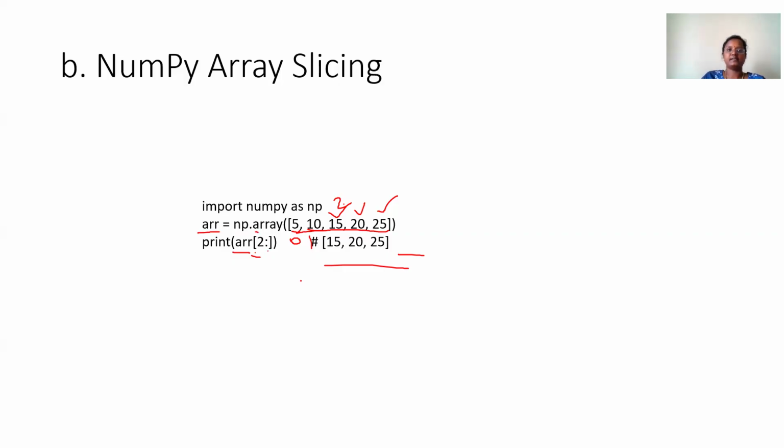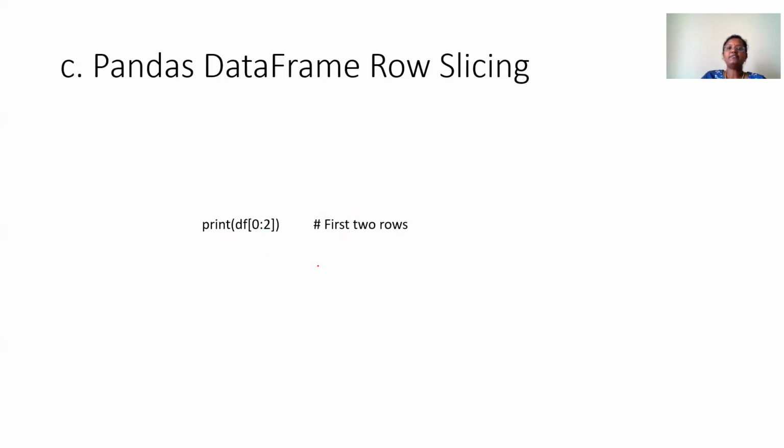That is array slicing. And data frame row slicing is nothing but it will start from 0, that is the first position, and then 2, the first 2 rows. 0 and 1 alone will be displayed, not 2. We have to be very careful about that.